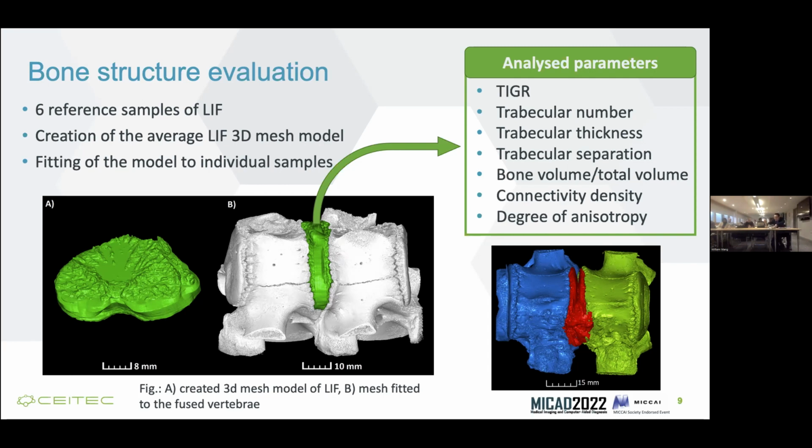According to those segmented masks, we made one average model, and this average model we fitted into individual samples. After this registration, we are able to describe the newly developed bone according to just classical parameters describing the bone morphology.